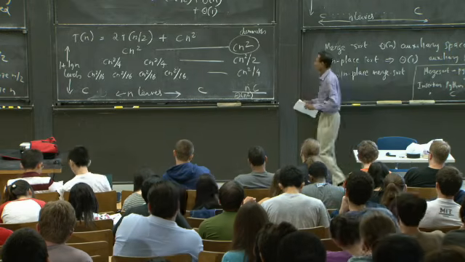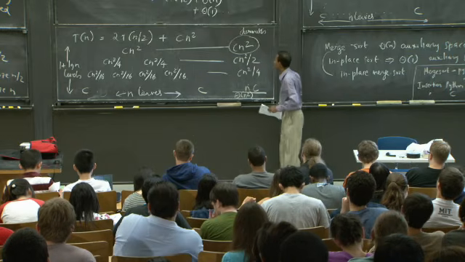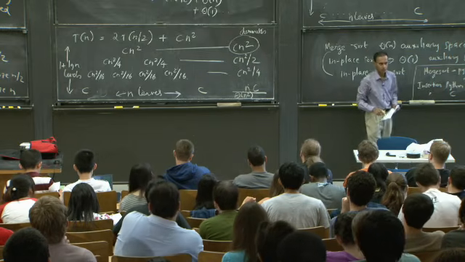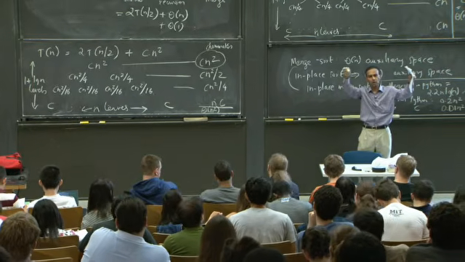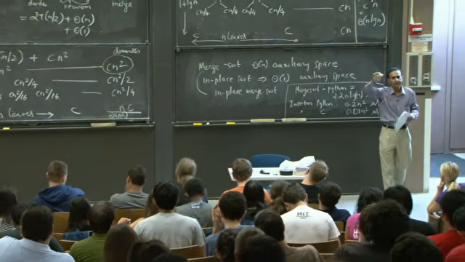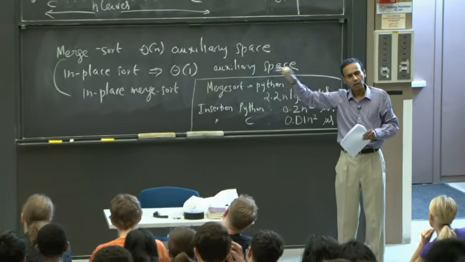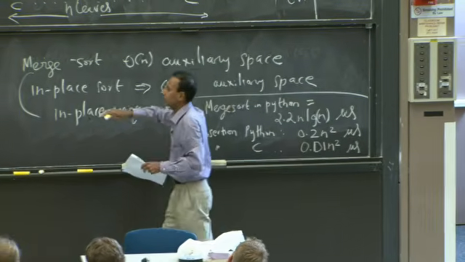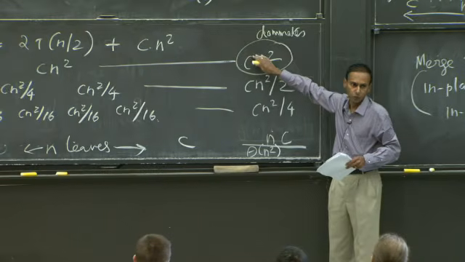And in this case, all of the work done is at the root, at the top level of the recursion. Here, there was a roughly equal amount of work done in each of the different levels. Here, all of the work was done at the root.